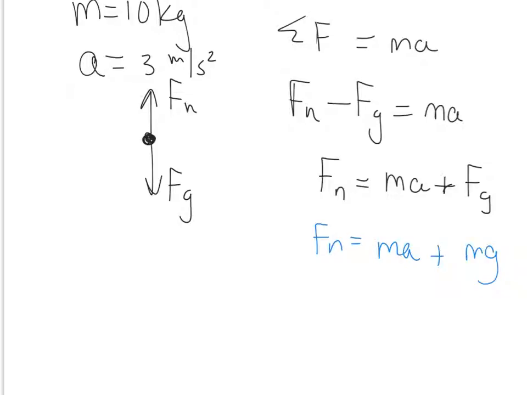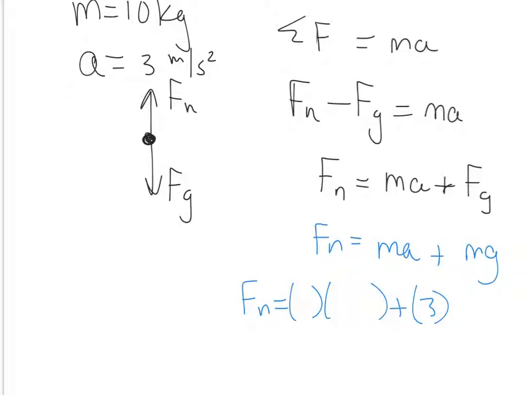So we have the mass. Gravity is 9.81. Acceleration is 3. Literally just plug in. Use your actual calculator, Gabe.